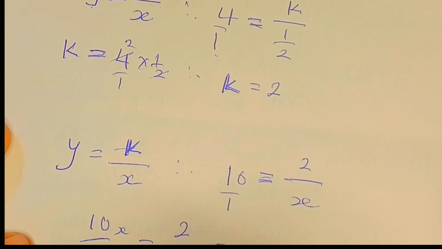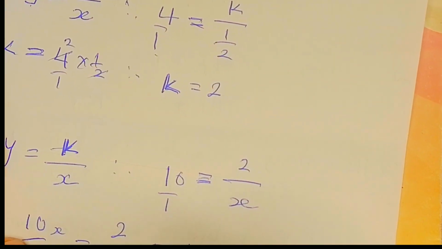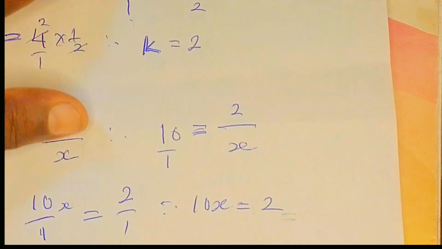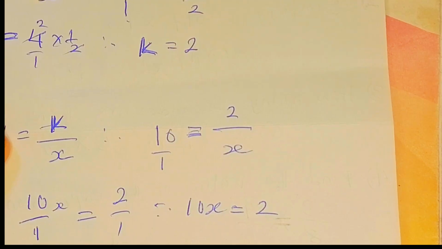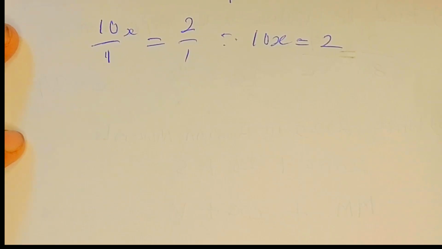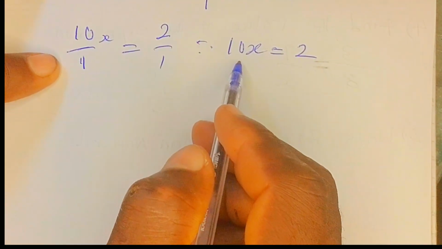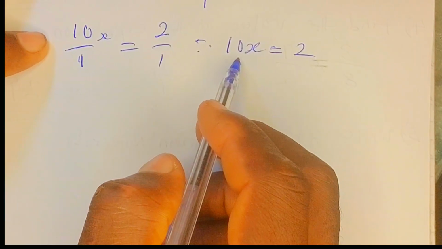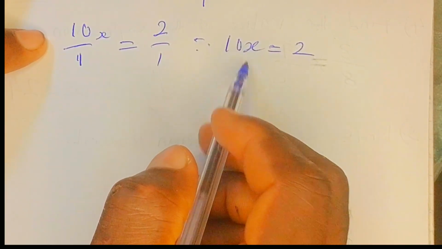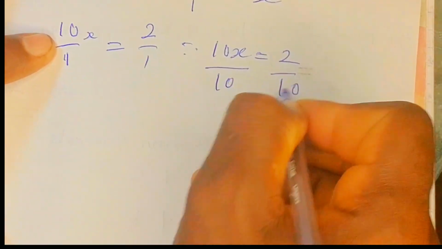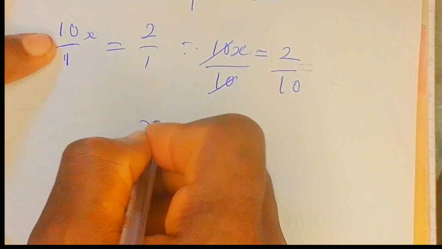We simply have, therefore, 10x equals 2. So at this point, we simply divide both sides by 10, because 10 is the coefficient of x. So 10 here and 10 here, 10 cancels 10, x will remain.